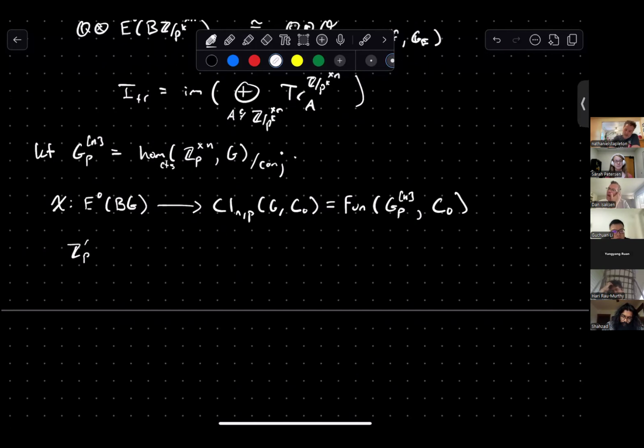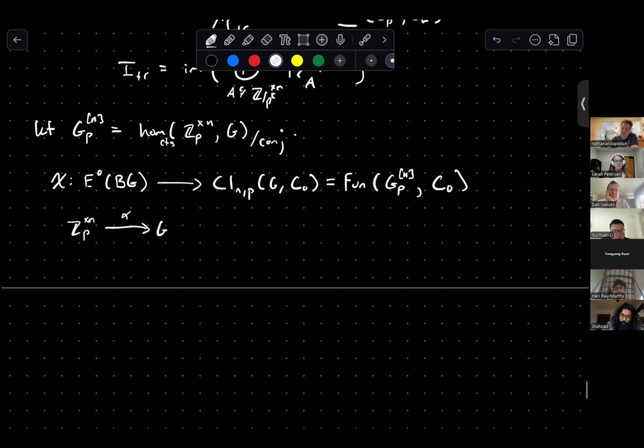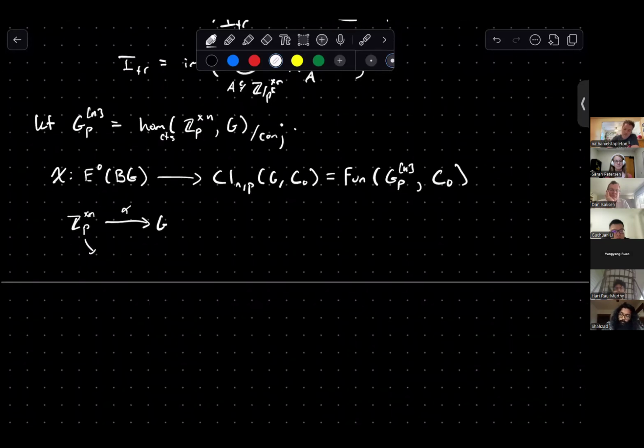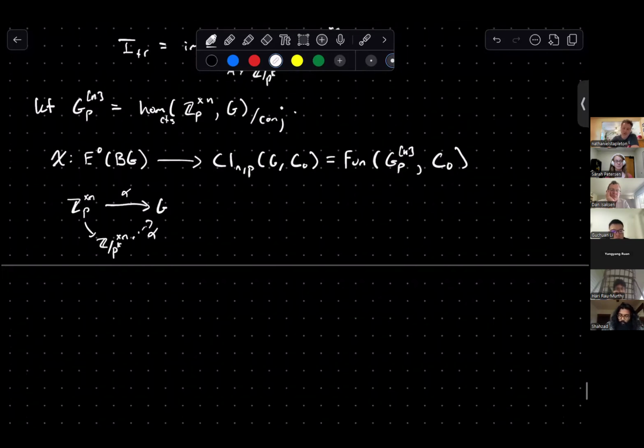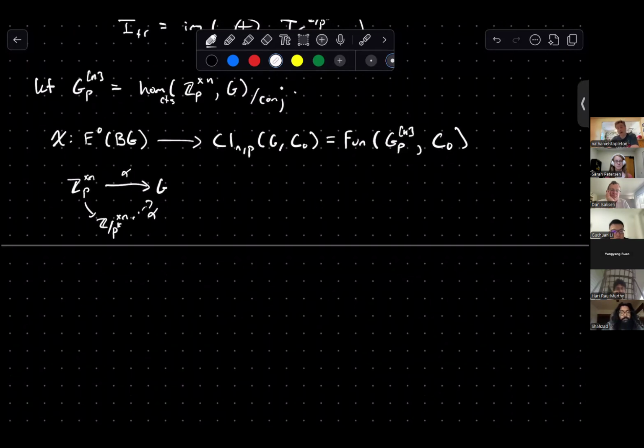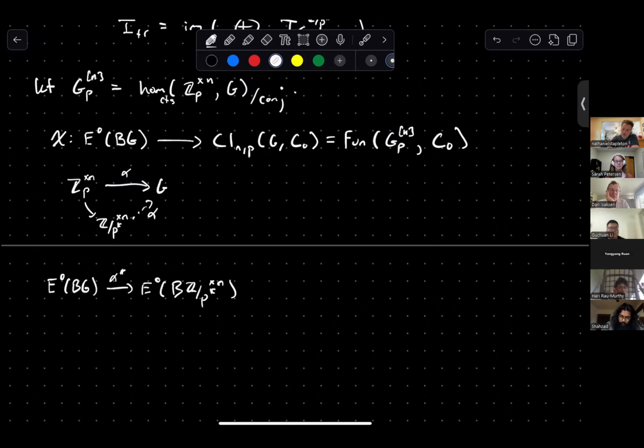So I have some map from Z_p^n into G, which is alpha, and I want to produce a map from E_0 of BG to C_0. And what I'm going to do is factor this through (Z/p^k)^n. I'm going to continue to call this map alpha. I'm going to apply E-cohomology to this map. So this gives me a map from the E-cohomology of BG to the E-cohomology of B(Z/p^k)^n.